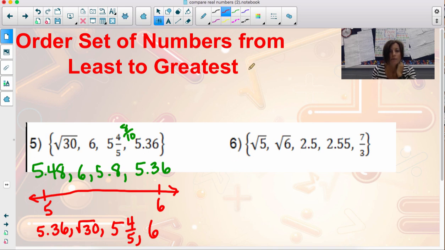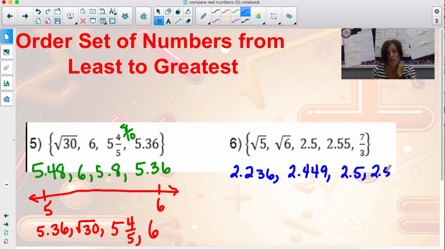All right, example 6. Square root of 5 is 2.236. Square root of 6 is 2.449. 2.5 can stay. 2.55 can stay. 7/3 is 2 1/3, so that's 2.3 repeating.